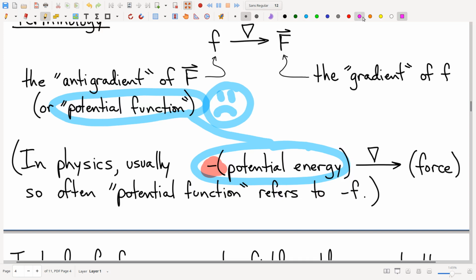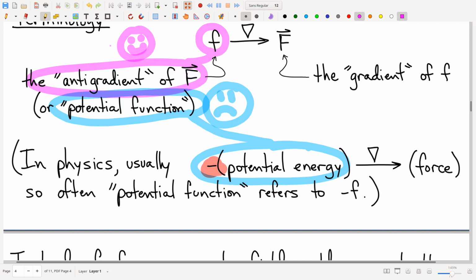What I think is always reasonable, always makes sense, is the word anti-gradient. So just to let you know what you're going to be up against in my class, you're going to hear me say anti-gradient most of the time. I will occasionally probably say potential function, just because that's something I heard so much, coming up.